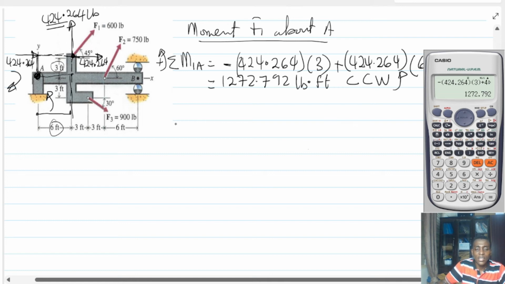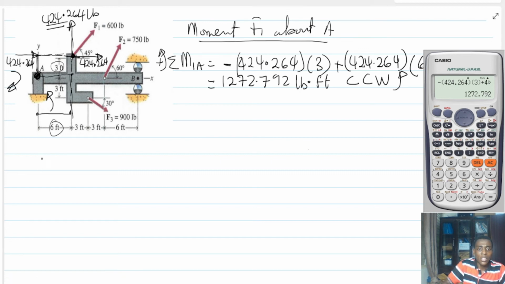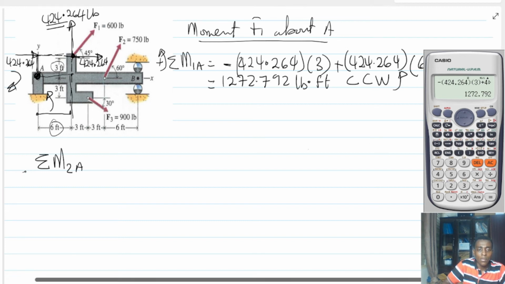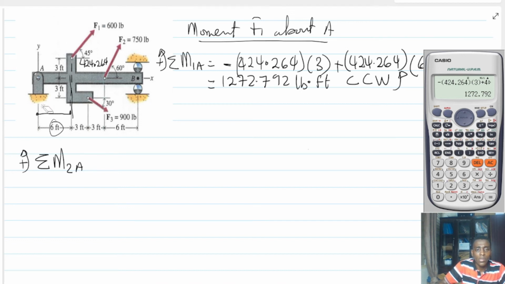Let's look at the second force. Let me write it here. We are looking at the second force. So F2. For F2, is that right?